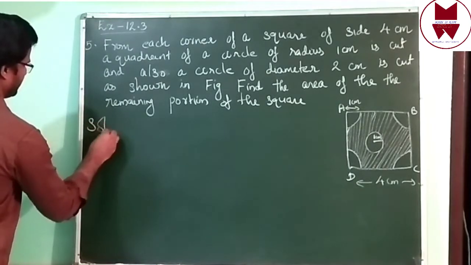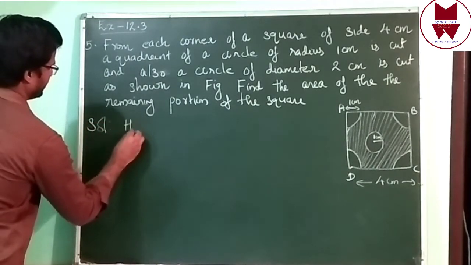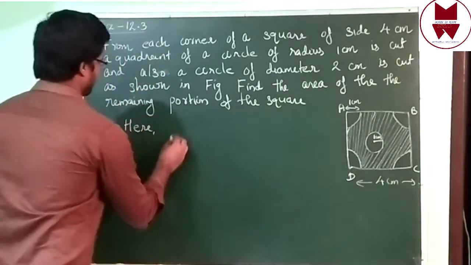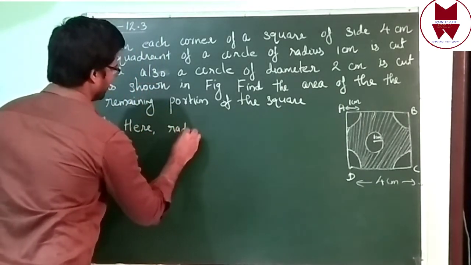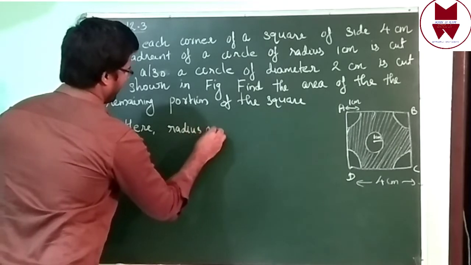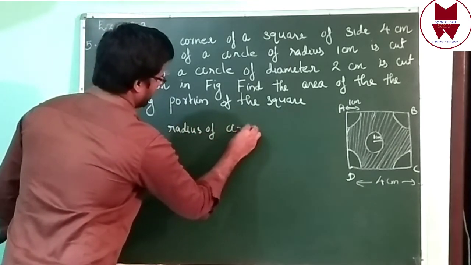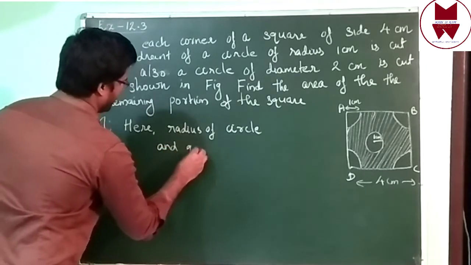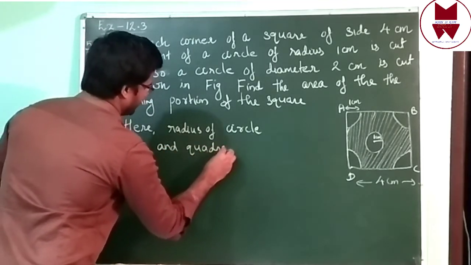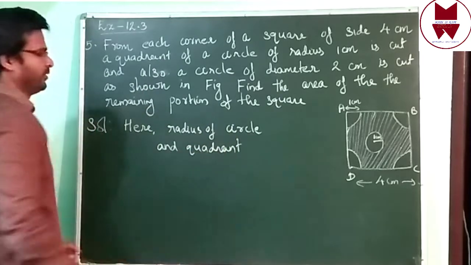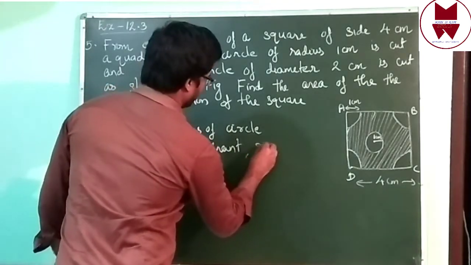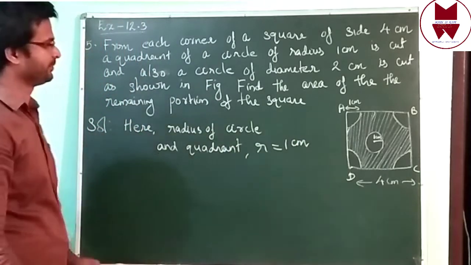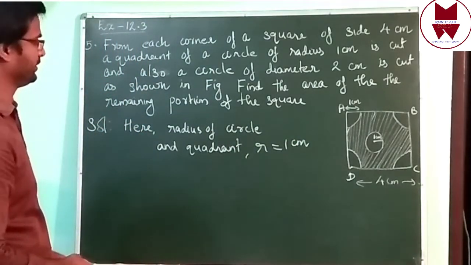We can write the solution. Here, the radius of the circle and the quadrant are both equal, that's why we can write radius of circle and quadrant are equal to 1 centimeter.